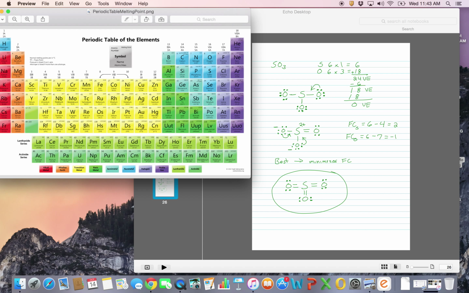Step by step on how to draw a Lewis structure: fulfill octet, minimize formal charge to get your best Lewis structure.